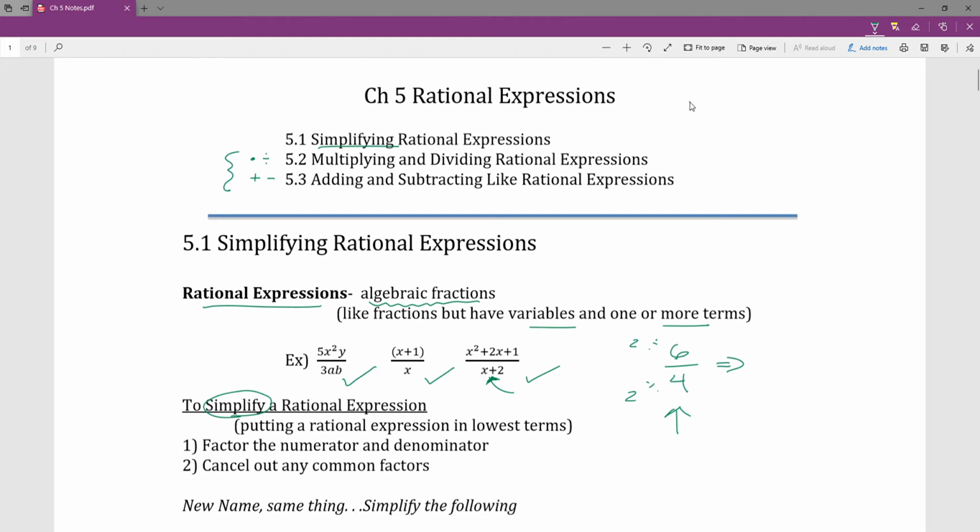Now, doing this just a little differently, I could think that I could factor a 2 out of 6 and be left with a 3, and I could factor a 2 out of 4 and be left with a 2. It's another way to get to the exact same answer, that 6 over 4 is 3 over 2. And what we're doing here is simplifying this fraction, and we're going to be doing this with rational expressions.